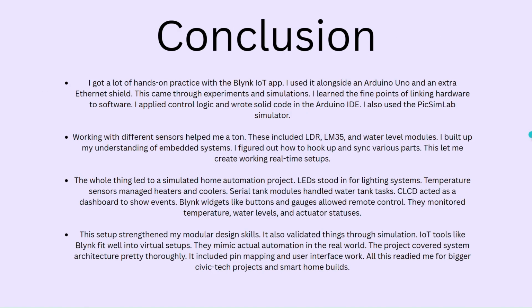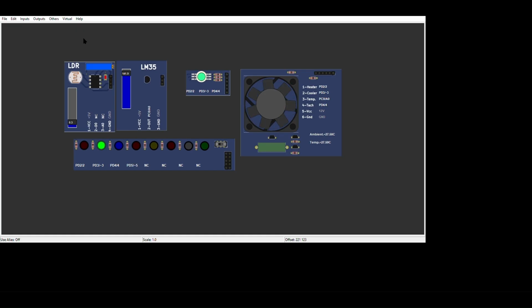This is the conclusion of the project. The fan is on. As soon as we increase the LM35 reading, the LED gets on and the temperature increases. As we decrease the LM35 reading, the temperature decreases and becomes normal.